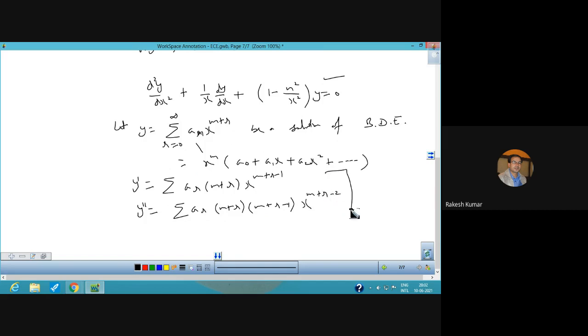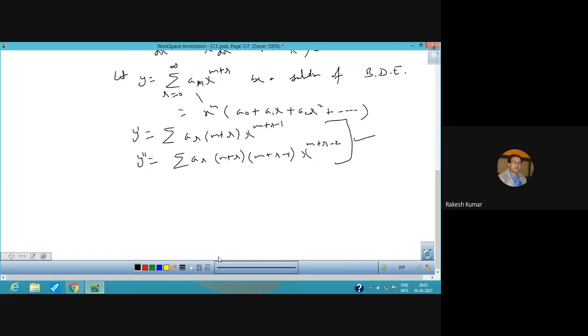We found these derivatives in the previous lecture as well. These are standard, fixed derivatives. Now you know the next step. These are the values of y, y dash, y double dash, where y dash is dy by dx and y double dash is d square y by dx square. Now you just need to put these three values in equation number 1.